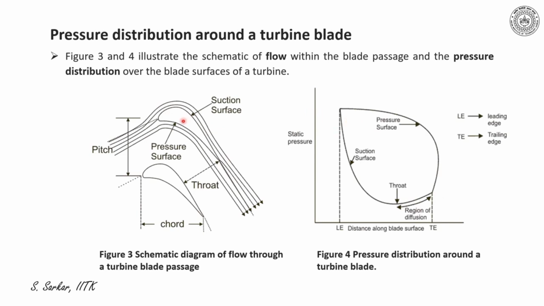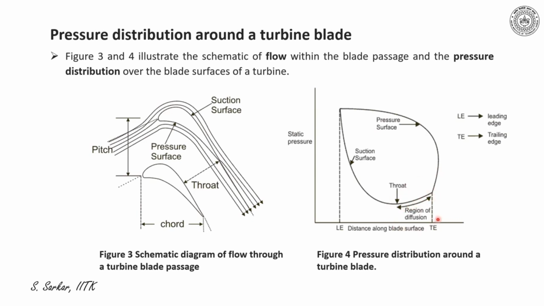While on the suction surface, the flow will accelerate in the beginning, thereby the pressure will drop, and after a certain point, particularly after the throat, the flow will diffuse or decelerate against an adverse pressure gradient.